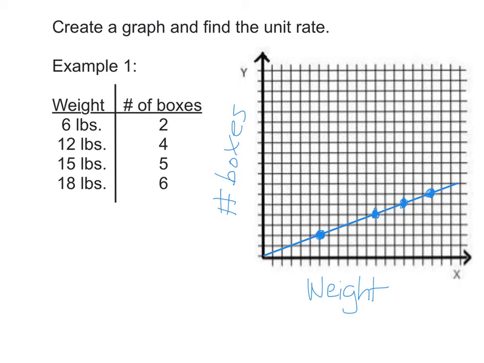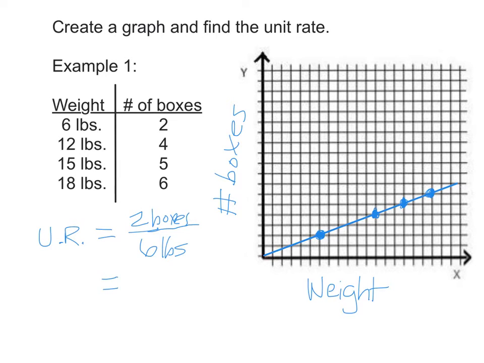Our unit rate would be, and I'll just abbreviate this with a UR, we always take the second column, divide it by the first. So our unit rate is 2 boxes divided by 6 pounds.